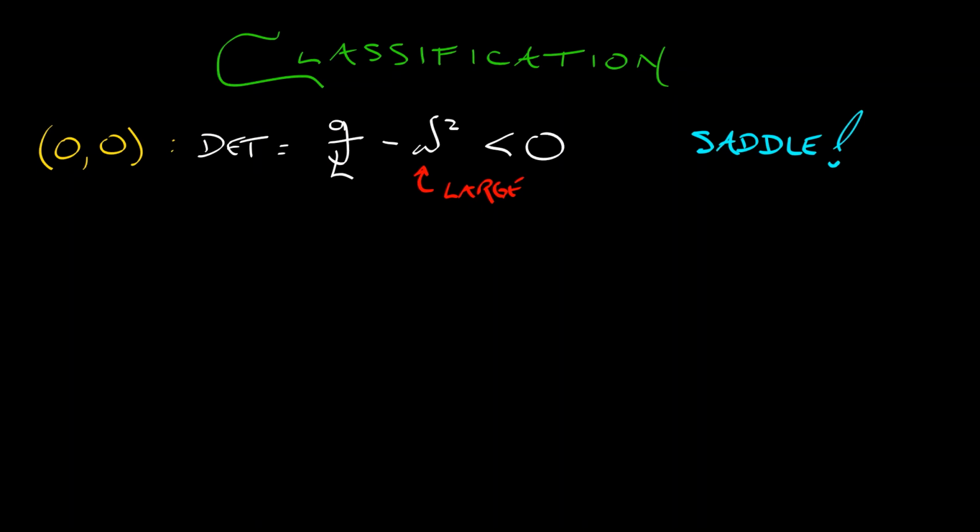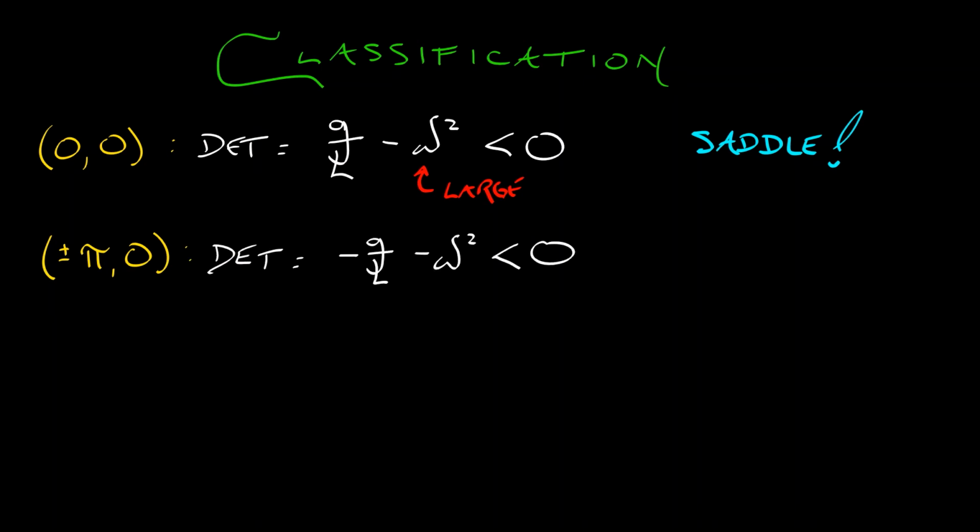And this is really a little bit interesting, a little bit different. What happens at plus or minus pi comma 0? Well, now the determinant is going to be minus g over L minus omega squared. That is definitely negative. That means that we also have a saddle here. So it looks like we've got saddles everywhere.